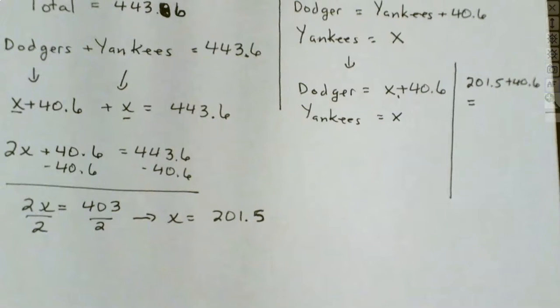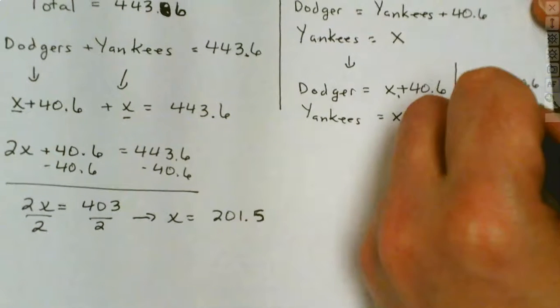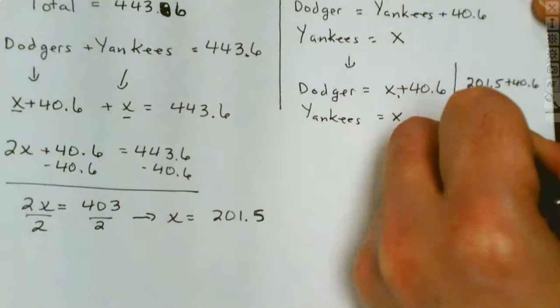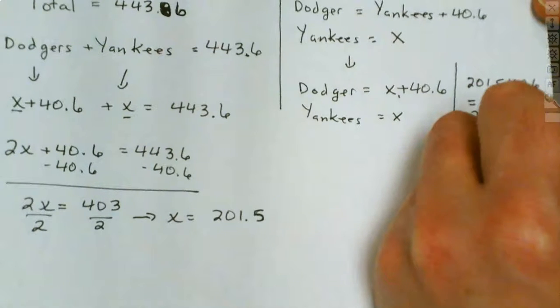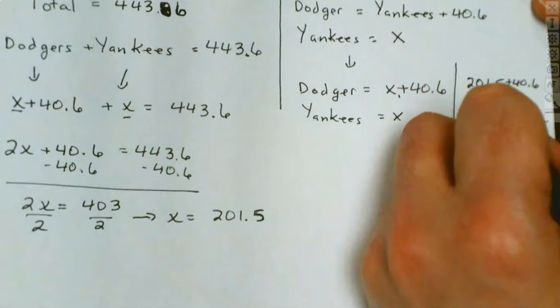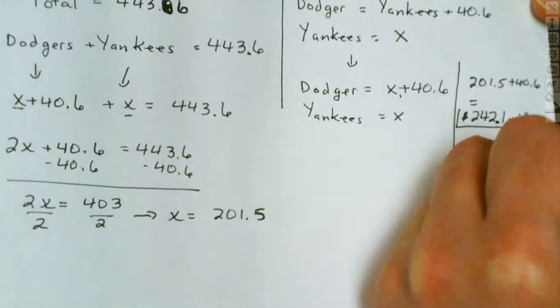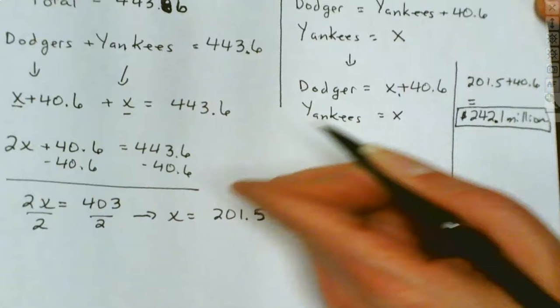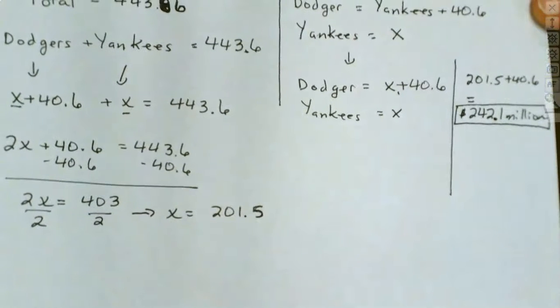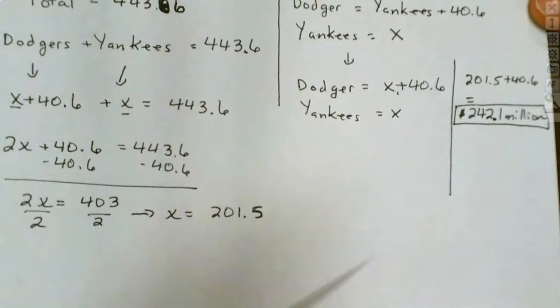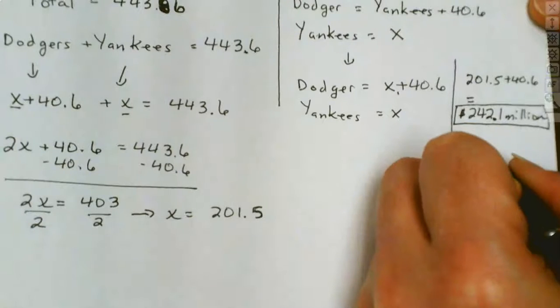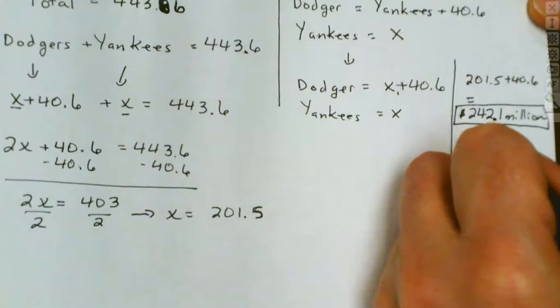Type it in here, right? Adding those together, that's $242.1 million. That was the Dodgers. And what about the Yankees? Well, the Yankees is X, so the Yankees is $201.5 million.